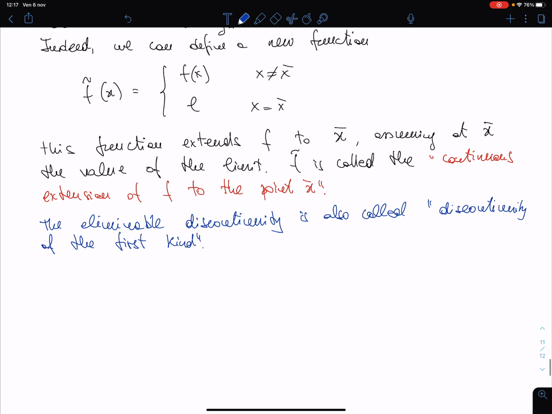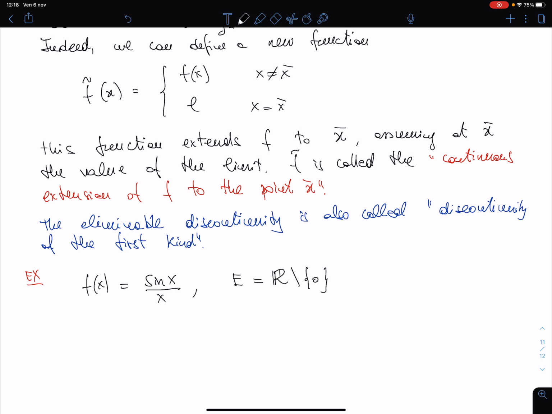As an example, we consider the function f of x equal to sine of x over x. The natural domain, so the maximal domain in which the analytical expression here is properly defined, is R minus 0.